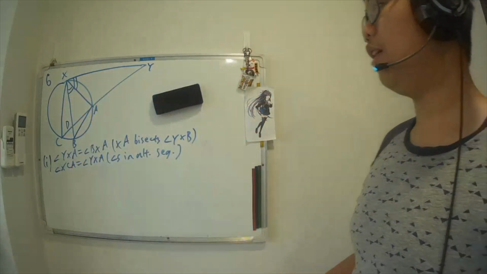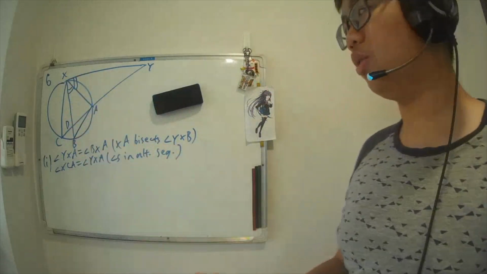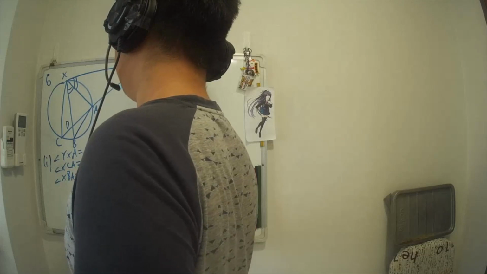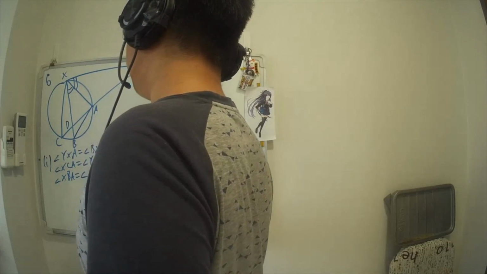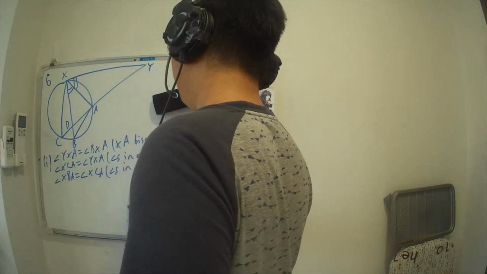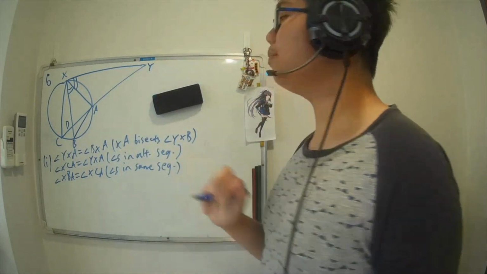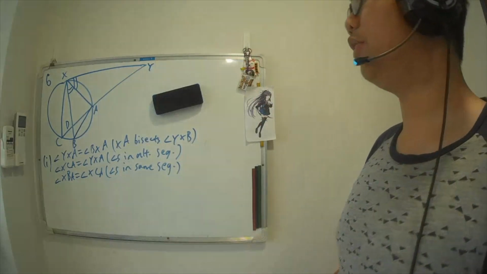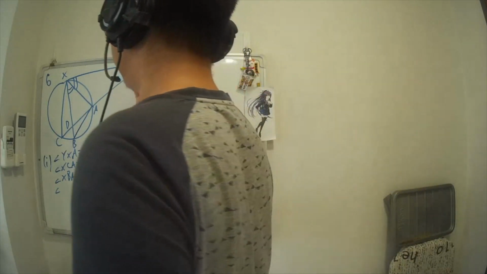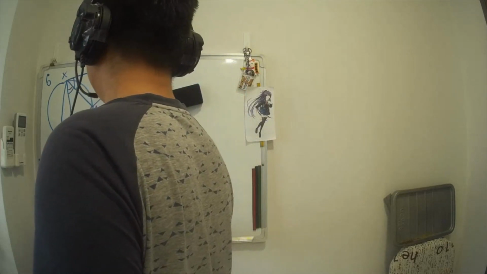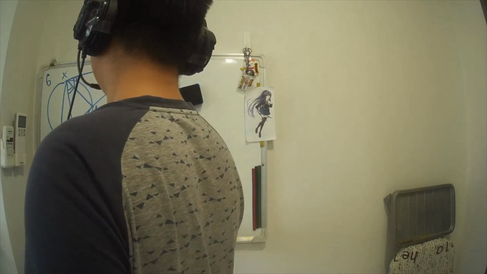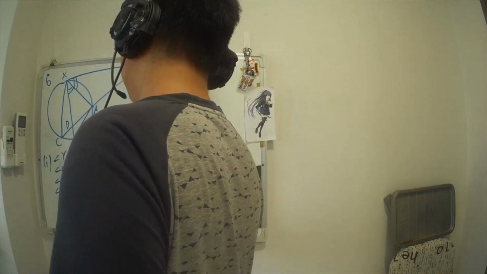So angle XBA is also equal to angle XCA because of angles in the same segment. And then we have basically just proven that angle AXB is equal to angle XBA.